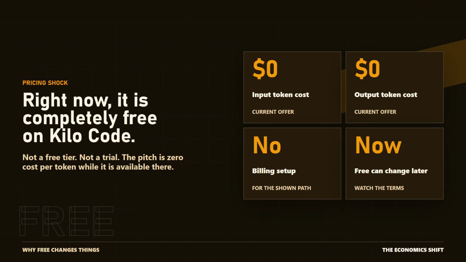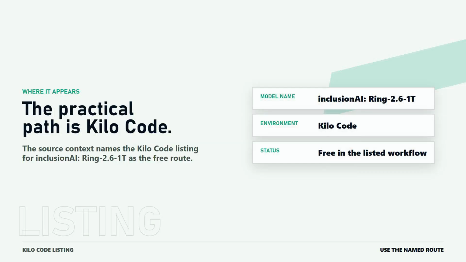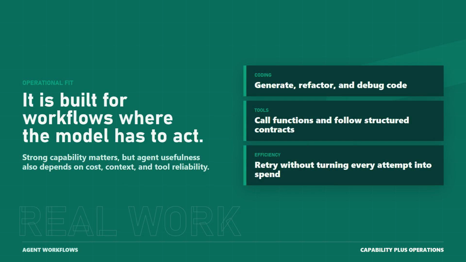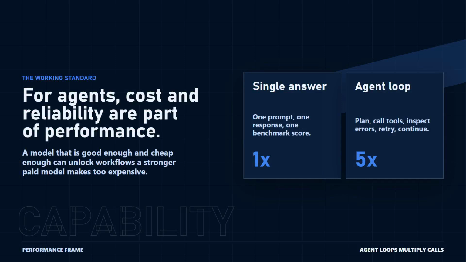InclusionAI Ring 2.621T free in KiloCode: benchmarks, pricing, and how to use it. Ring 2.621T is a 1T parameter scale thinking model with 63B active parameters, built for real-world agent workflows that require both strong capability and operational efficiency.